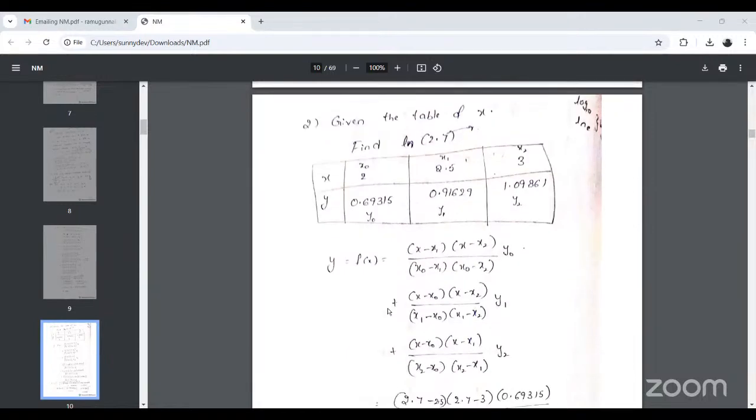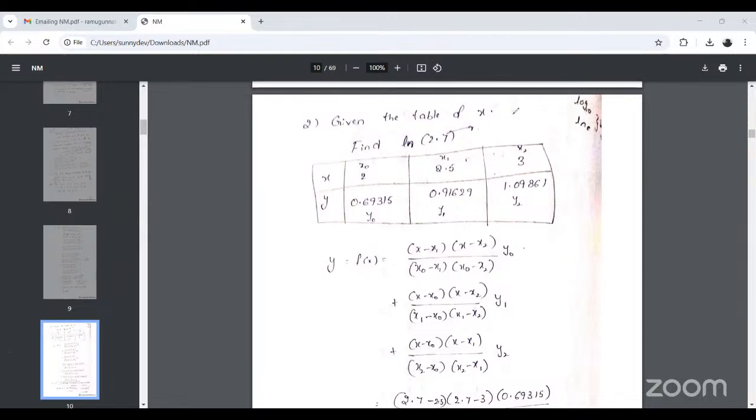Same. So when can we use the Lagrange interpolation formula? If there is an unequal interval, then we can use it. See the second one.